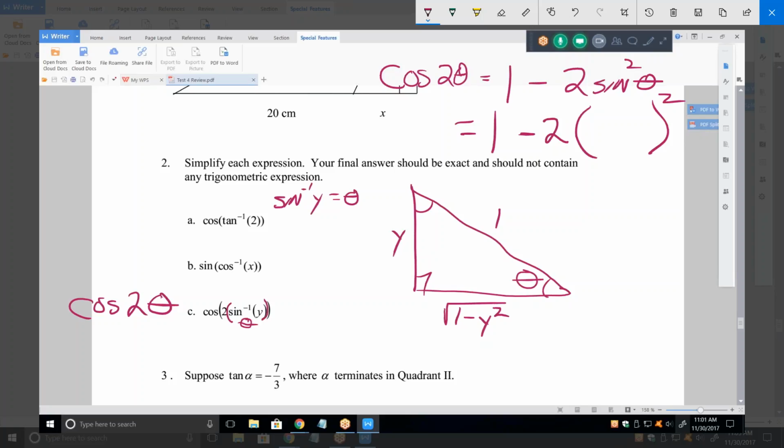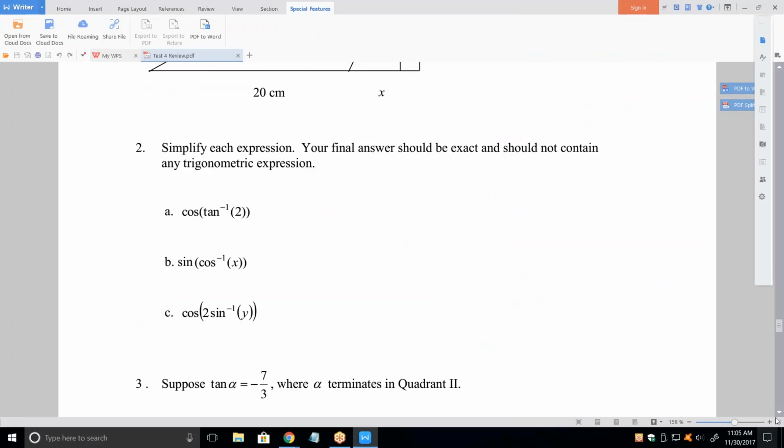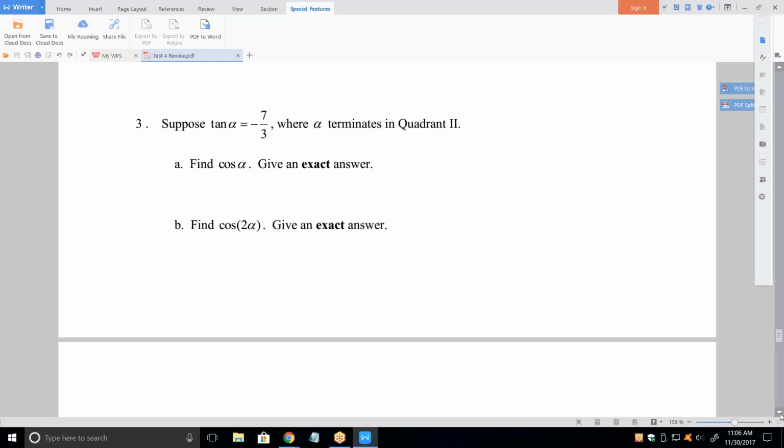Y. So our answer is 1 minus 2y squared. The 2 is not squared also. So there you go. That's what the answer is. All right. That's good. You're getting it, I can tell. Okay.